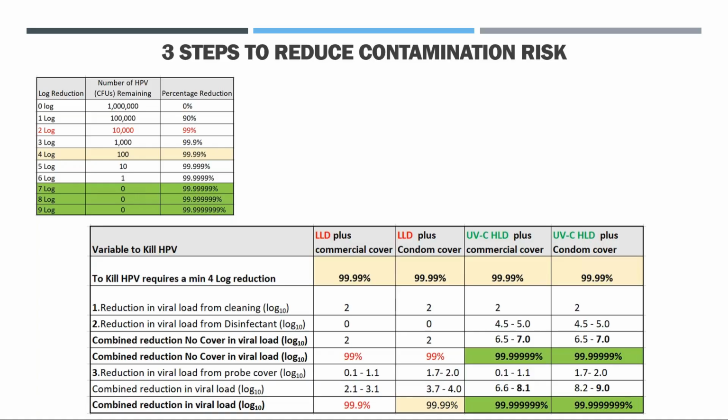And then you can see here what type of kill levels you get with low-level disinfection plus a commercial cover, condom cover, compared to UVC plus commercial cover or a condom cover, and the enormous log reductions and safety factors that you have with use of a method such as ultraviolet light compared to low-level disinfection.